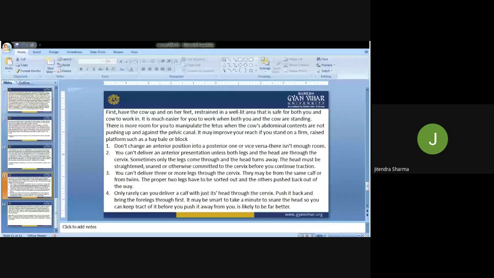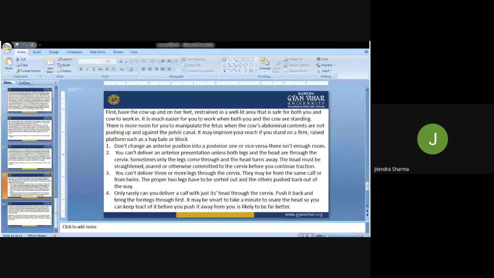And in case twins are there, you have to be more cautious about the situation. In the correct process, if you see only the head, you push it back, and then you manually promote that the four legs come out, and only then you allow the fetus to be delivered, which is the correct way.